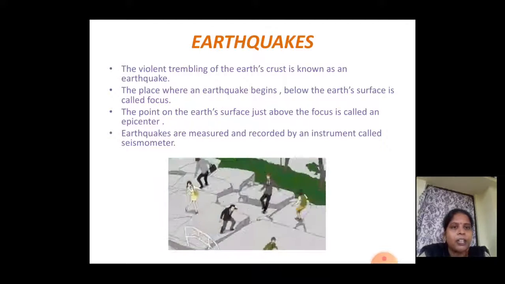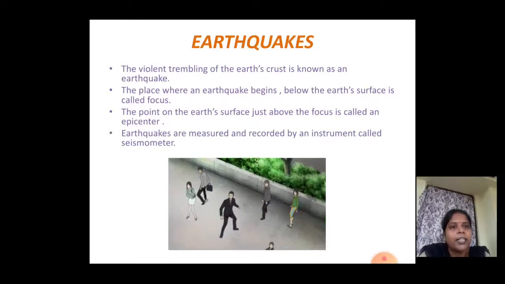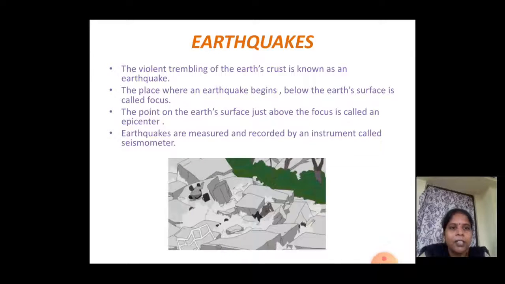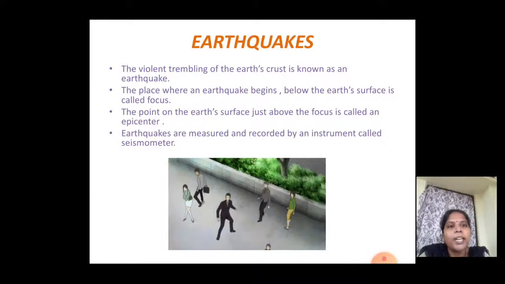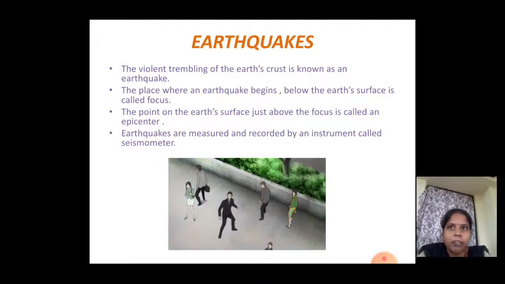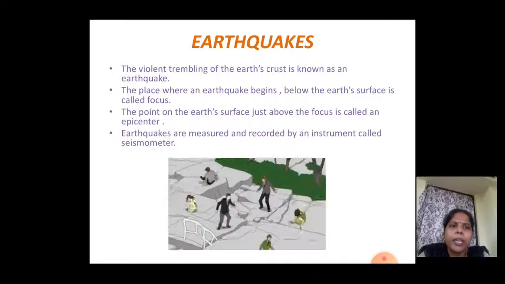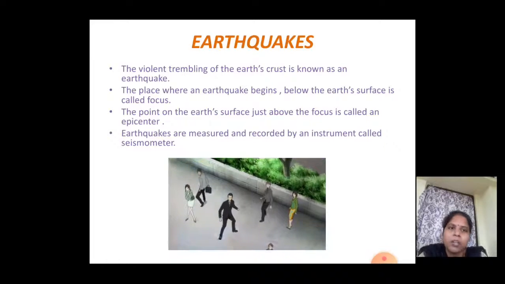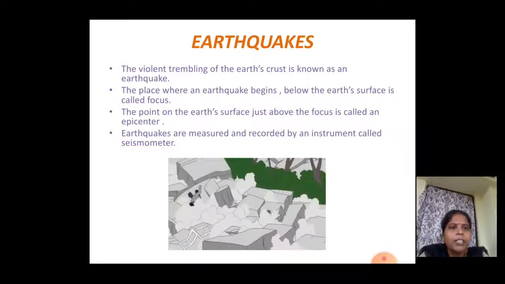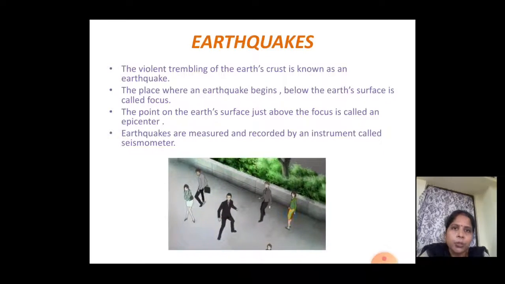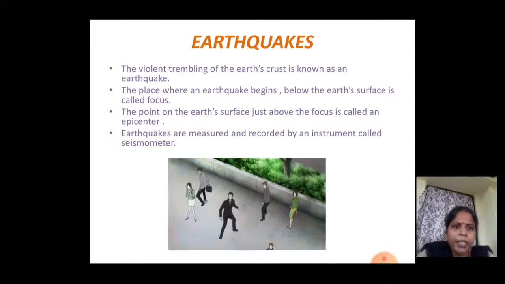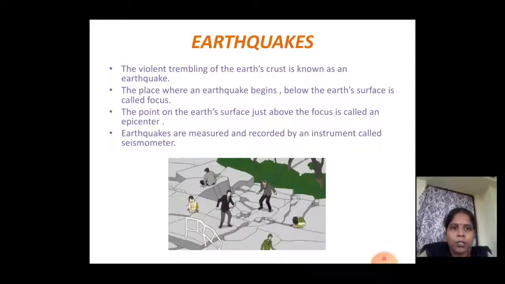Yes, children, all were enjoying the Republic Day celebrations. 20,000 people died in the earthquake, among them many school children, and 15 lakh people were severely injured, and 8 lakh people lost their houses.